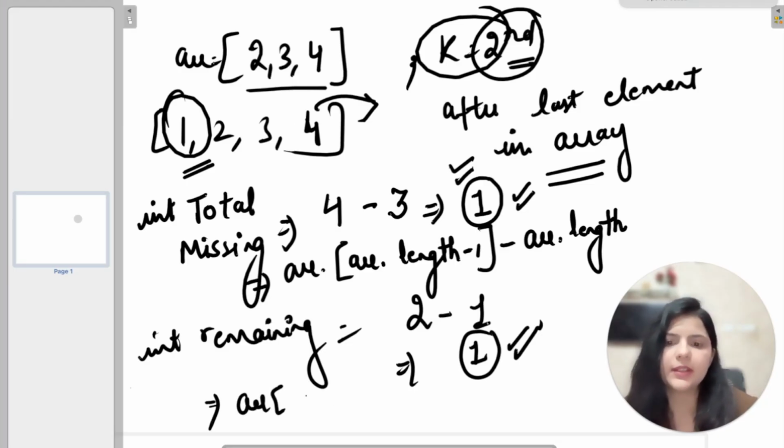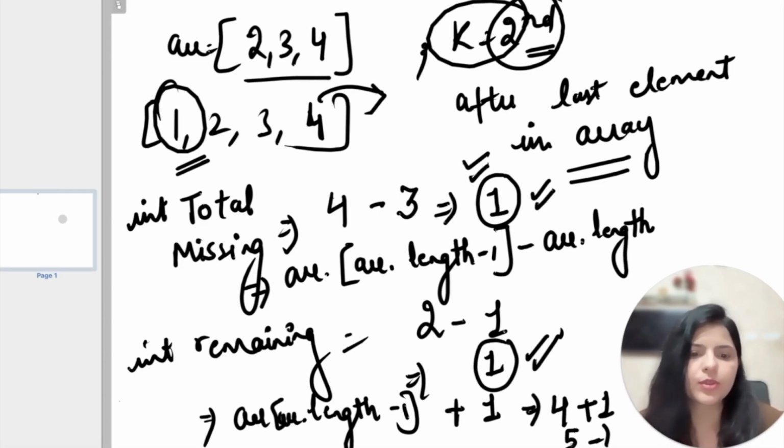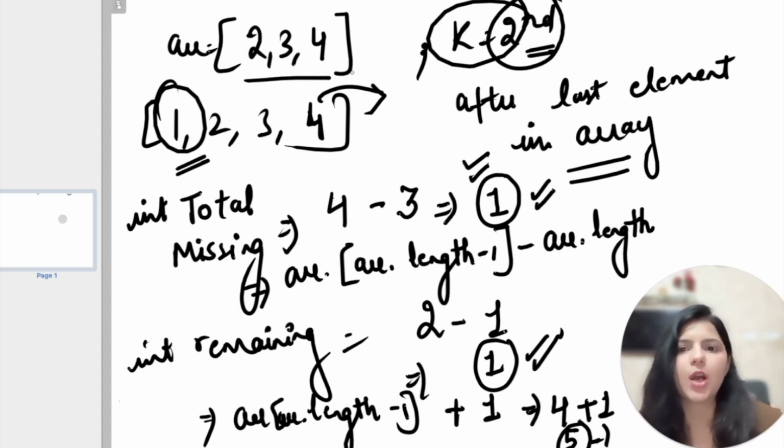Last element, array at array dot length minus 1, plus the remaining number, right? So last element is 4 plus remaining number is 1. 4 plus 1 is 5. So that 5 is going to be your output. So the second missing number in this case is 5, which is after the last element in the array, right?